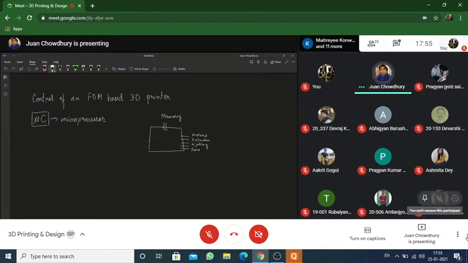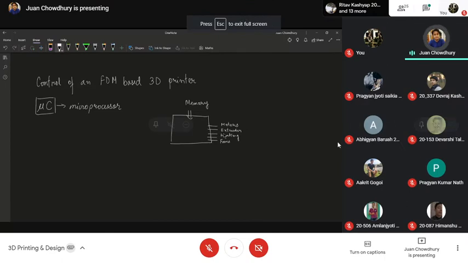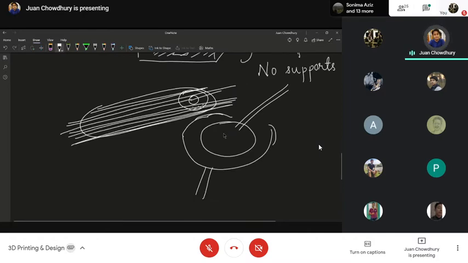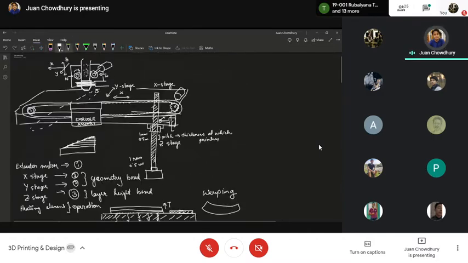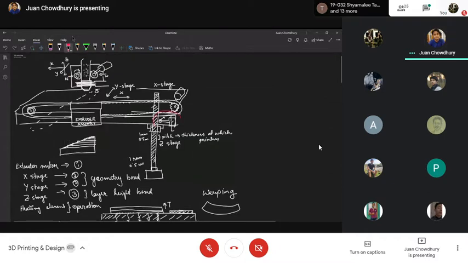Then again, one important characteristic here is that you can also put some sensors. If you remember, there were a couple of switches I was talking about, just so that the 3D printer knows that it has reached its maximum workspace. Okay, if you remember this particular switch, the relay switch.